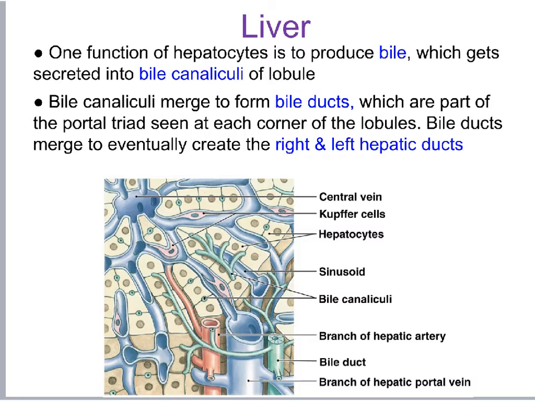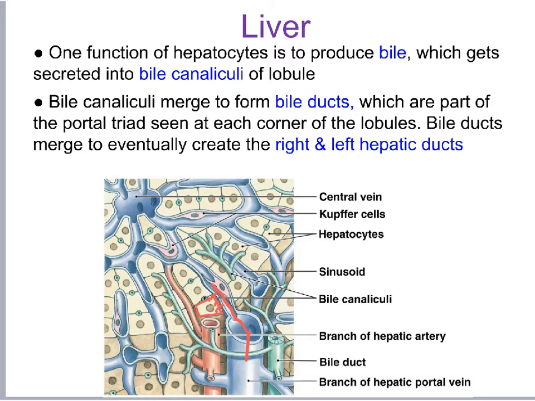So again, we've got blood coming in from the GI tract up this way, and it's going to travel slowly down the sinusoids. That blood's going to overflow the banks of the sinusoids and then be modified by these hepatocytes.